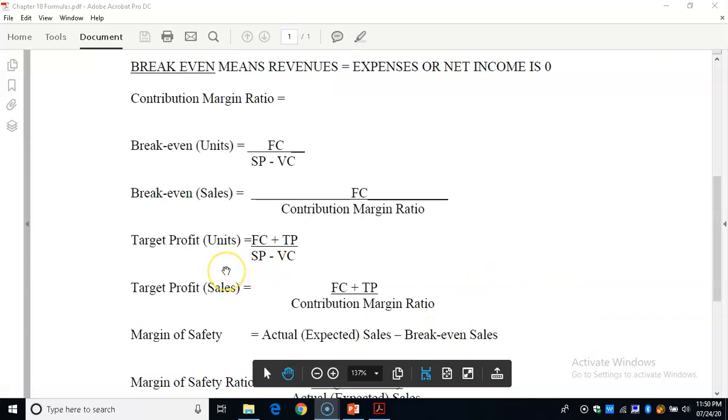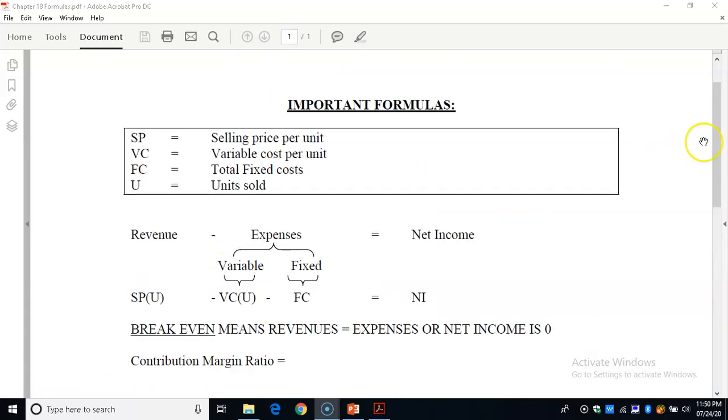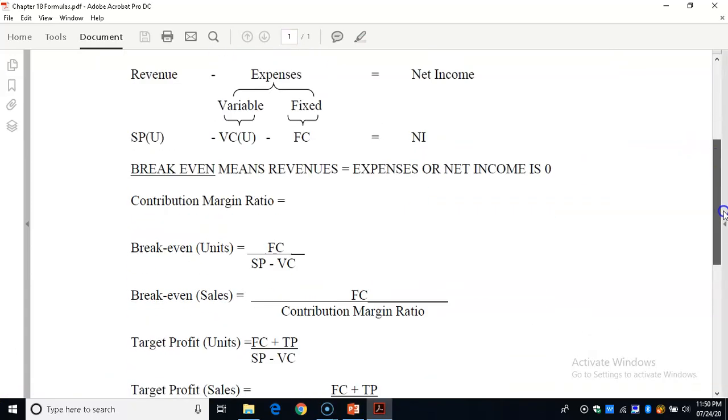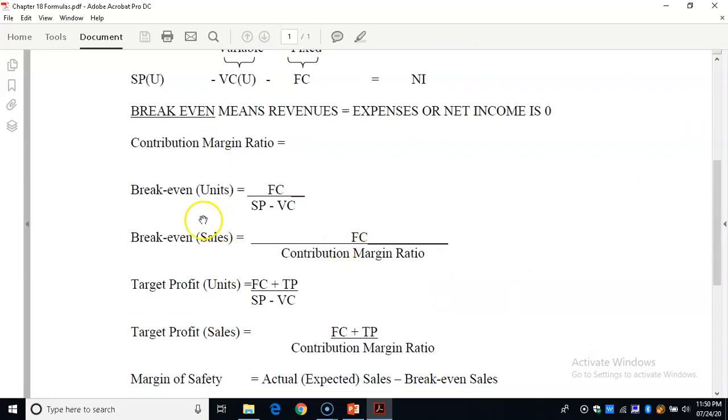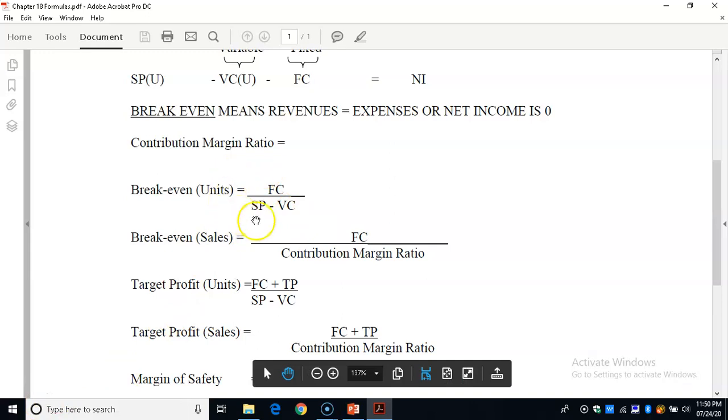Now, for those of you that are curious, on this handout, important formulas, how do you figure out break even in units? Fixed cost divided by SP minus VC. Selling price per unit minus variable cost per unit is also called unit contribution margin. So this is the formula that we use.